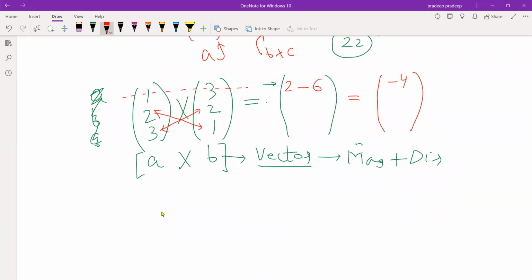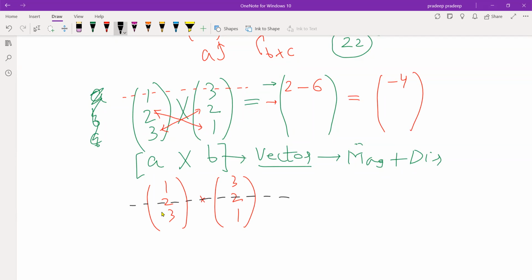Similarly, if you have to find the y component, let me write down the vectors again, 1, 2, 3, and then 3, 2, 1. Now for the y component, step one is ignore the y components of the original two vectors and consider the x and z components. But in this cross multiplication, the direction will reverse.